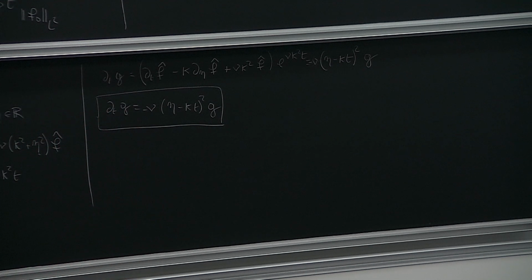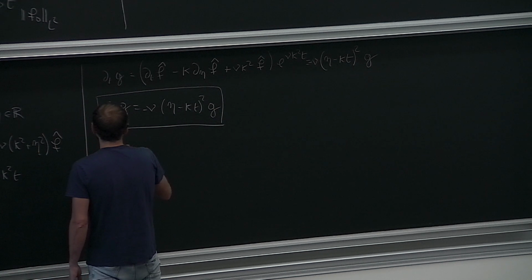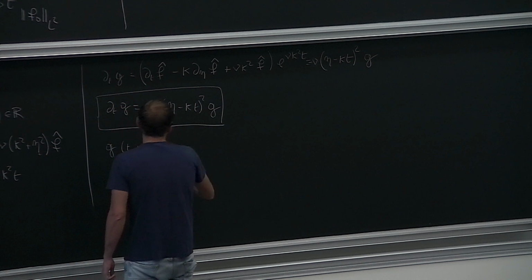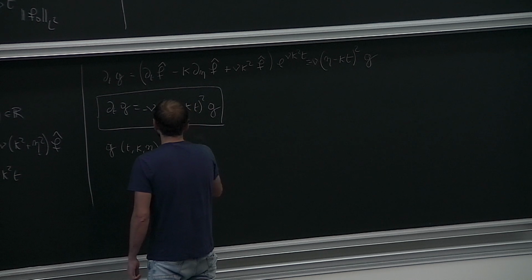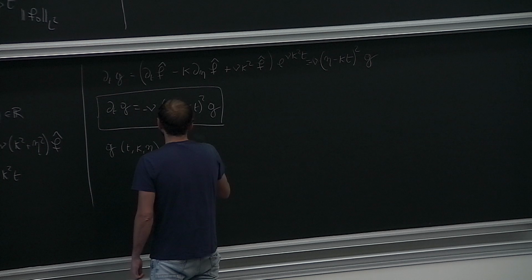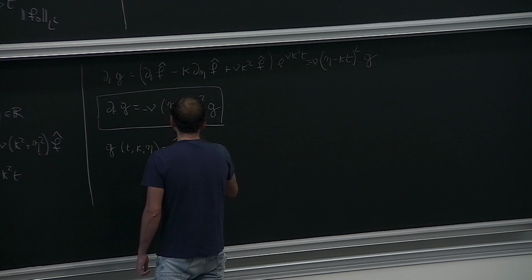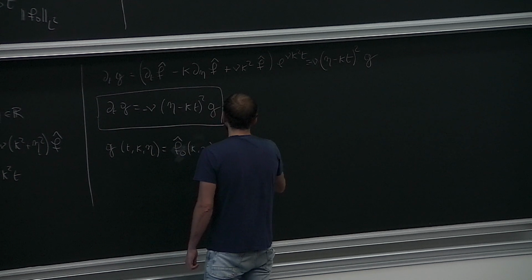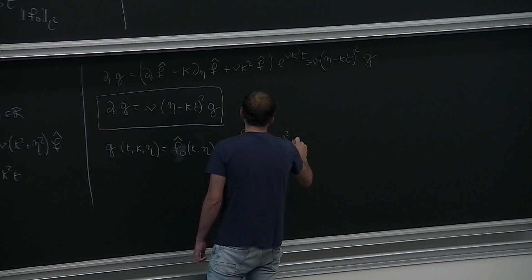So g of t, k, eta is just g0, which is exactly f0 hat at k, eta, times e to the minus nu times the integral from 0 to t of (eta minus k tau) squared d tau.